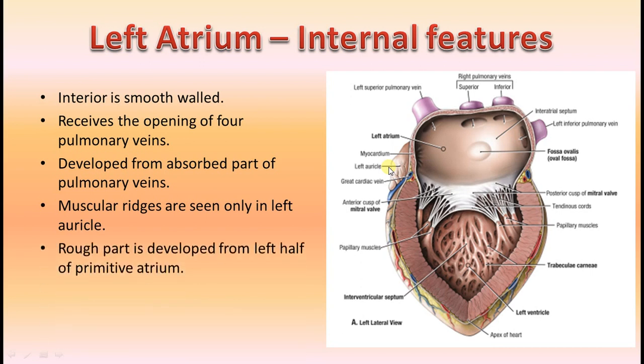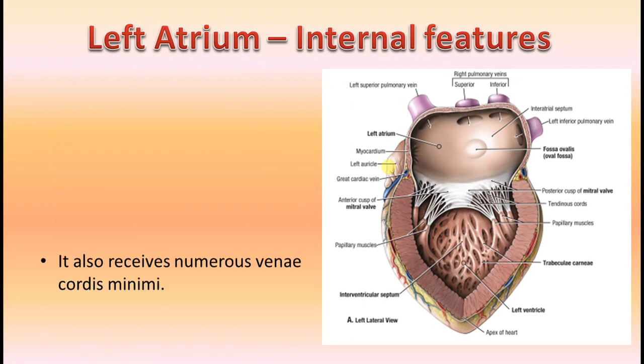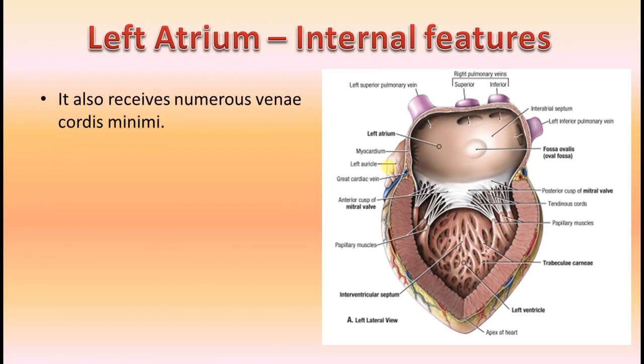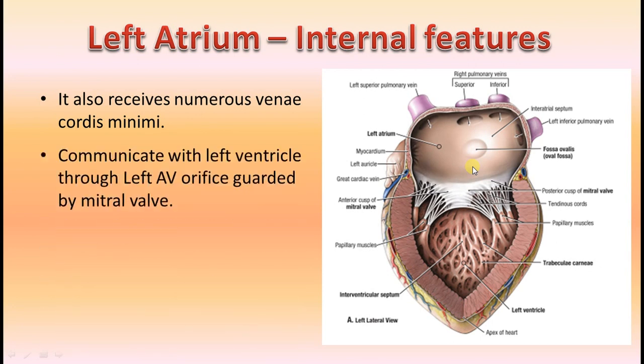So the smooth part is actually developed from the pulmonary veins, which get absorbed into the chamber of the left atrium, whereas the rough part is developed from the left half of the primitive atrium. Then apart from that, numerous minute openings, which are called venae cordis minimae, can be seen, small veins opening all along the interior of the left atrium.